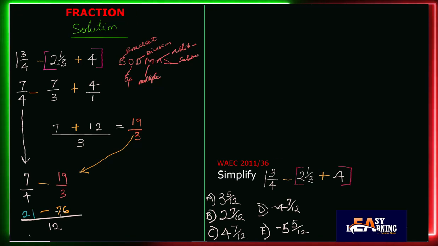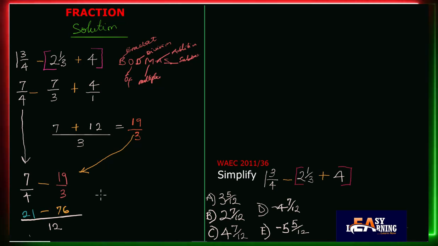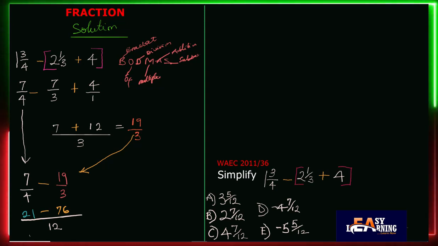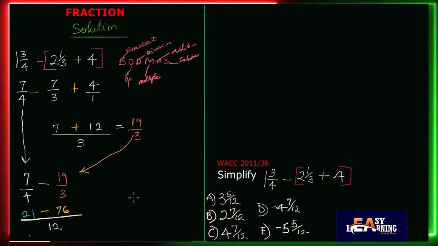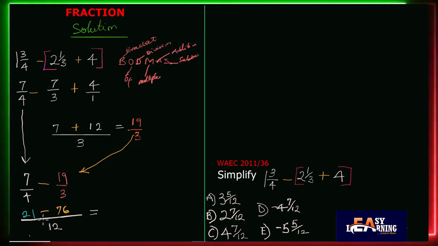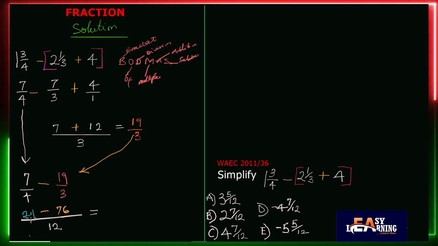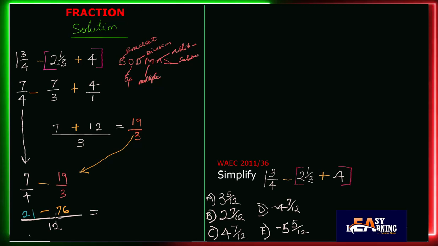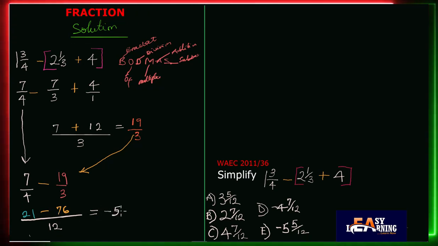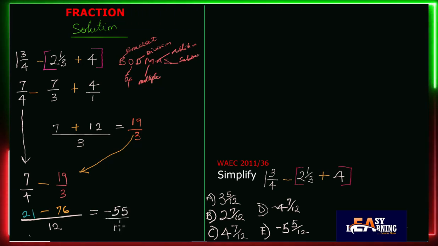Now we move ahead to subtract. Subtracting will give us 21 minus 76, and of course this will give us a negative because 76 is bigger than 21. So 21 minus 76 will give us minus 55, minus 55 all over 12.